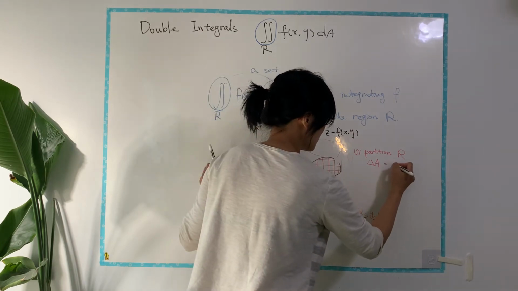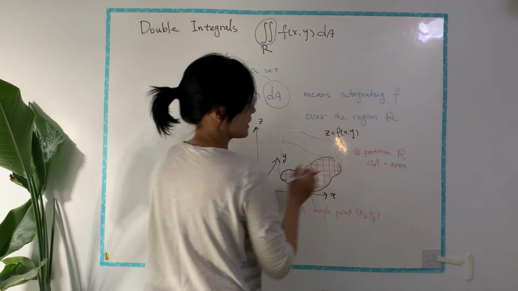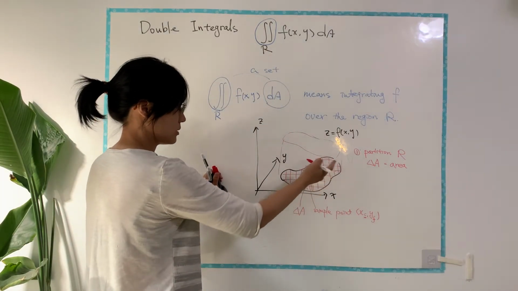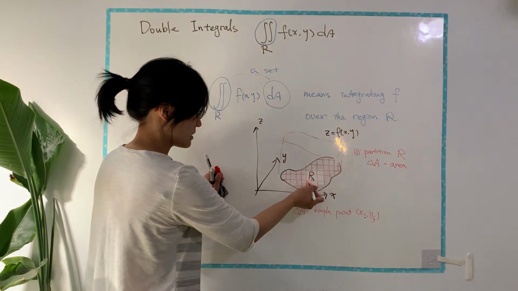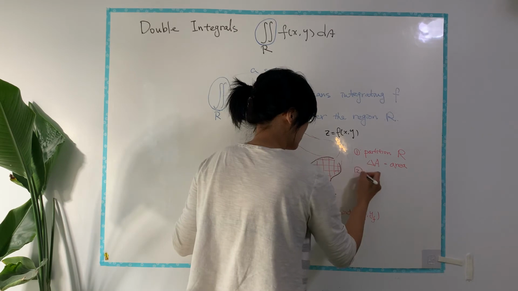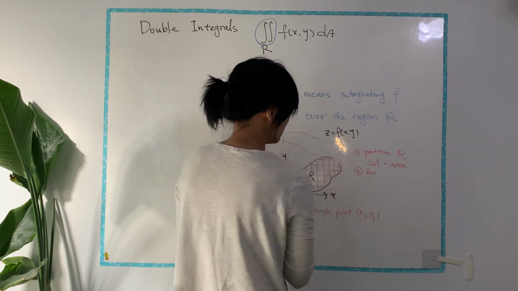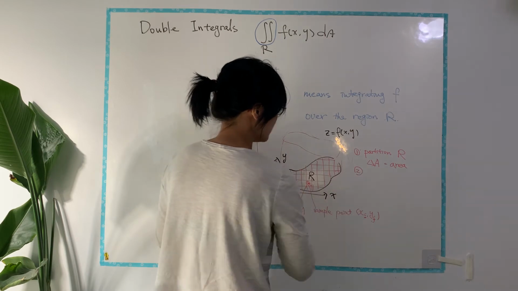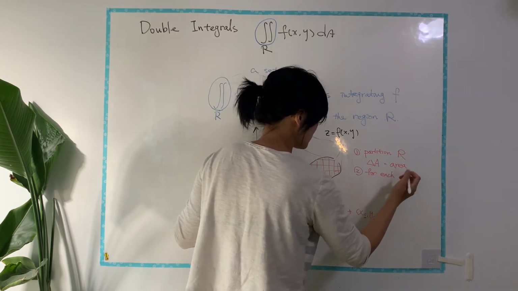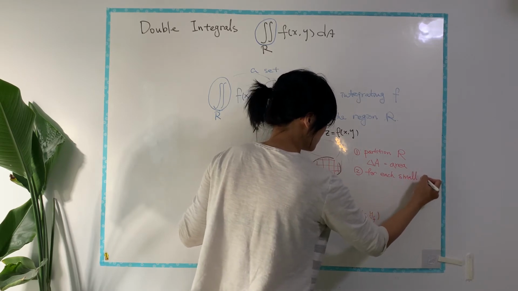I don't want to overwhelm you with notation, so I'm just saying delta A means the area of a little region.